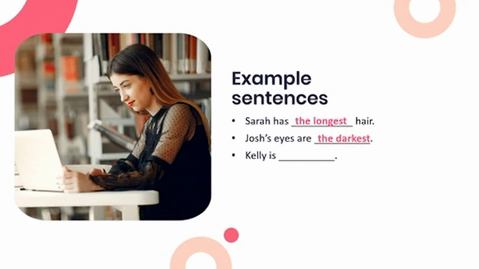So I've done the same thing. I've added the word the before the adjective, and I added the letters EST to the end of the adjective. Let's look at the last sentence. Kelly is the palest. I've done the same thing. I've added the word the and the letters EST.